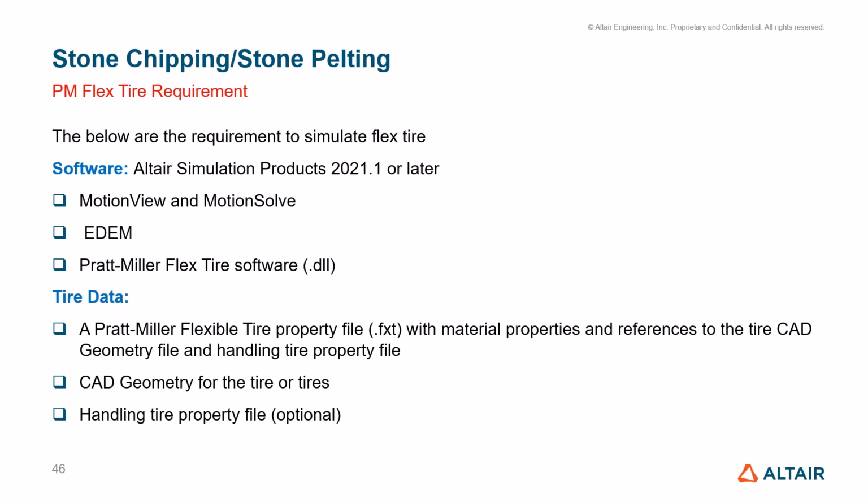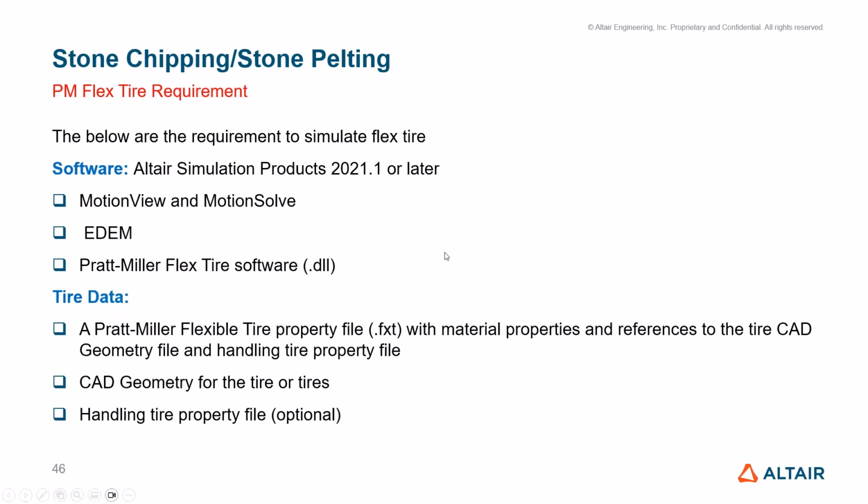The flex tire comes into action when the tire interacts with particulate material, and only then will the PM FlexTire be active. When the tire interacts with the ground surface or the road surface, a flat surface, then the multi-body dynamics MotionSolve tire will come into action.